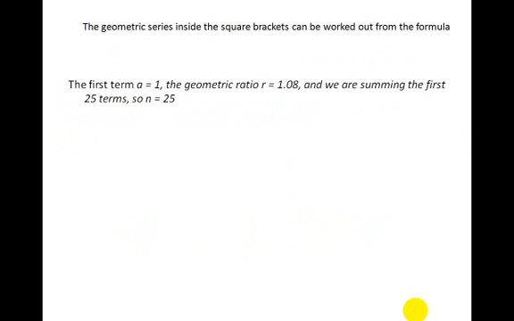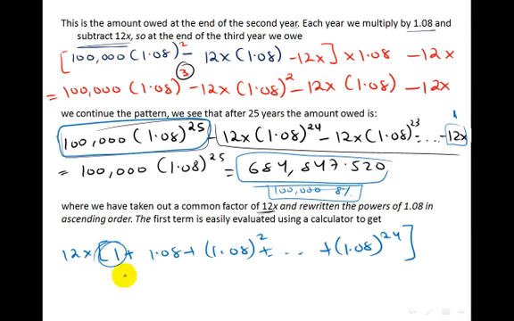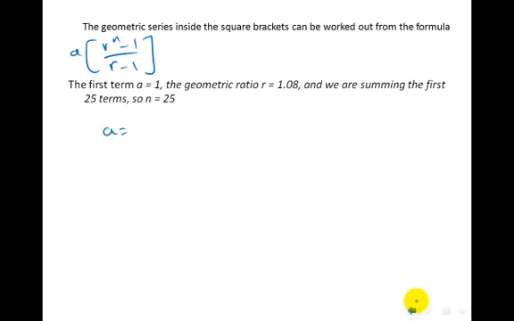Now the geometric series inside the square brackets can be worked out with the formula, which is a times r to the n minus 1 over r minus 1. You can use this formula now. By the way, what is a? A is the first term, and on the last page, if you saw, my first term is 1, but how many terms do you have? 25. 24 plus this one, because this is going to go inside and multiply, so it will be 25 terms.